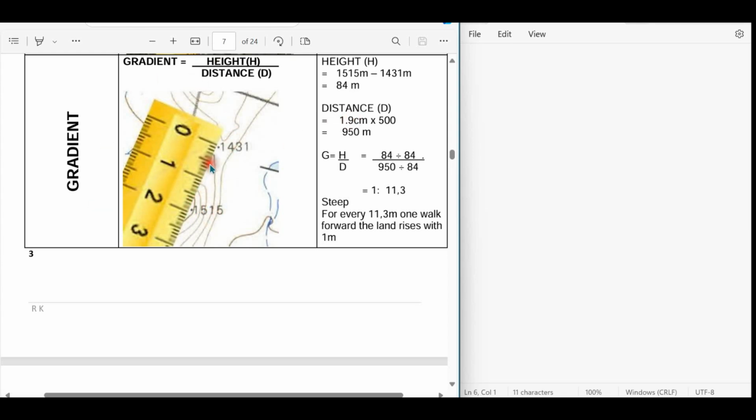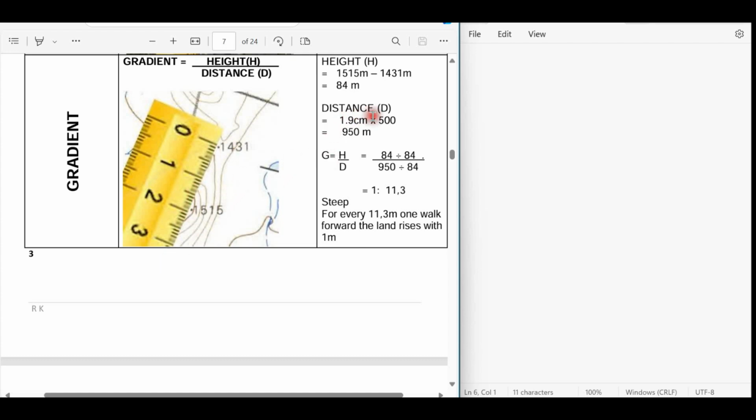Therefore, we have measured and found out that the distance between spot height 1515 and spot height 1431 is actually 1,9 centimeters. This is the actual distance between these two spot heights.